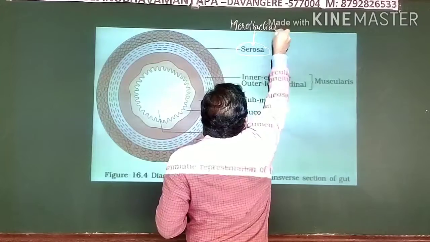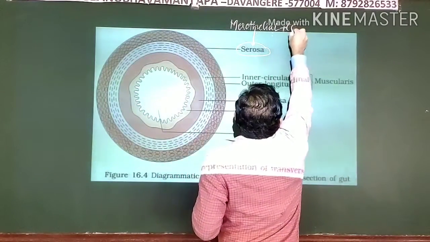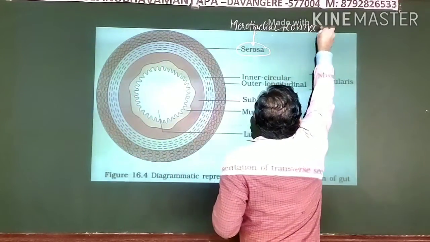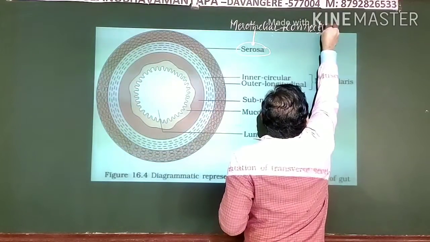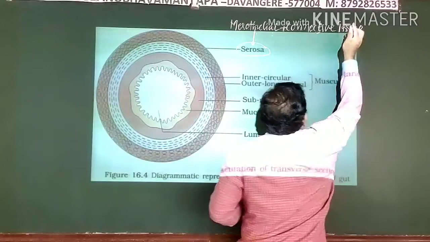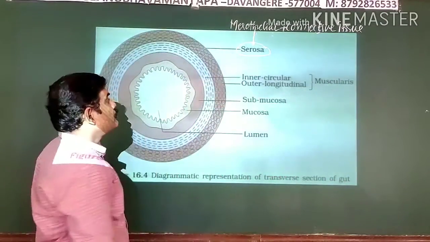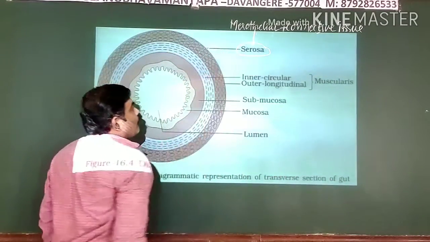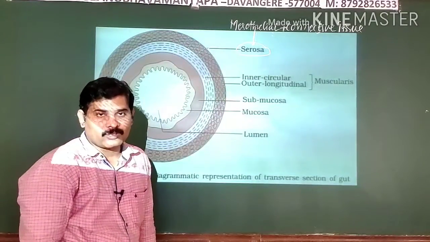These two types of tissues together constitute the outermost layer of your alimentary canal, known as serosa.